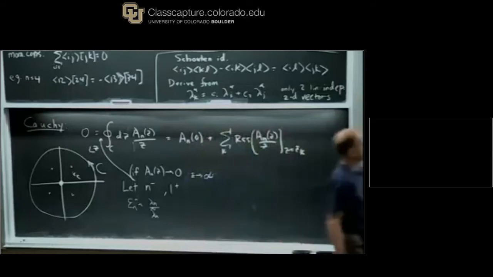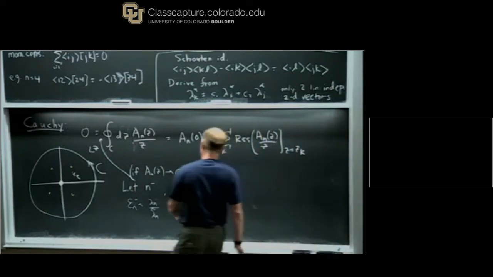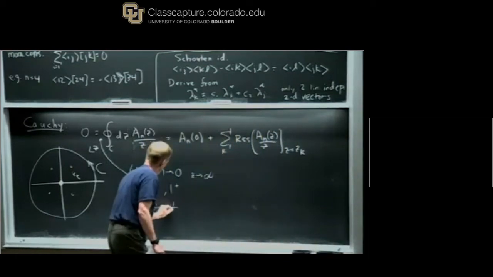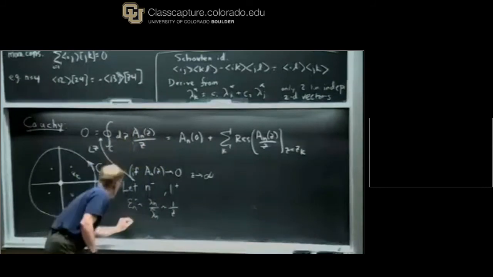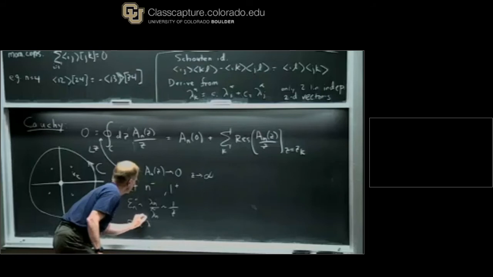We look over here, lambda_n stays the same, whereas lambda tilde_n is going to get a large z dependence when we go to very large z, because lambda tilde_n gets replaced by this combination that dominates at large z. So this goes like 1 over z, and epsilon_1 plus has the opposite dependence.